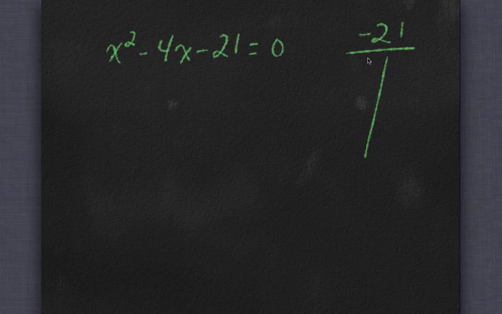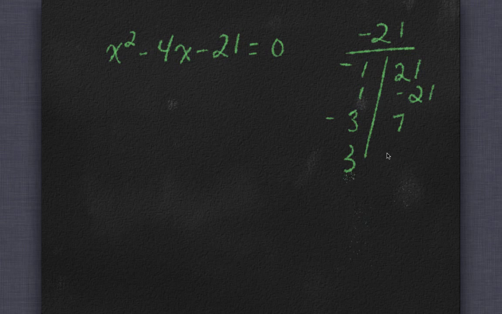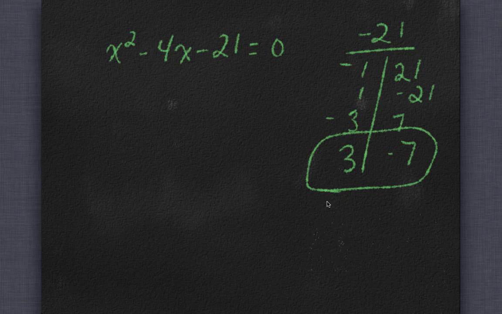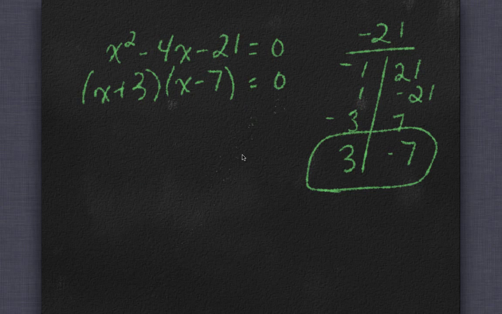So I think of all the possibilities. So 1 and 21, where either one of them is negative, those are possibilities. 3 and 7. And then I look which of these adds up to -4. And that's how I know it's x plus 3, x minus 7.